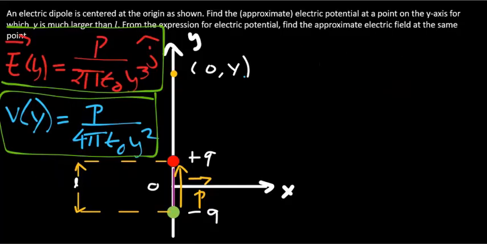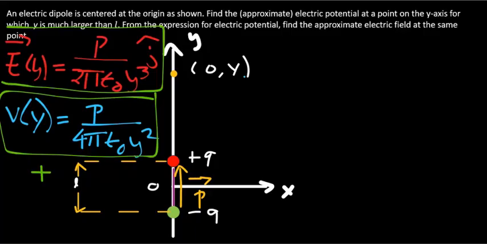The other thing that one might notice is that the expression for scalar or electric potential turns out to give a positive number for potential here, as we should expect, because that point is closer to the positive charge than the negative charge. The same thing can be said for the electric field.